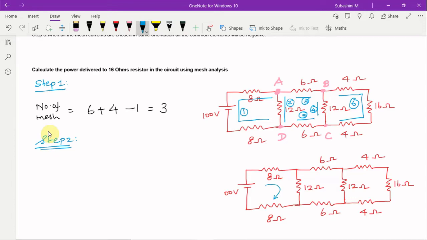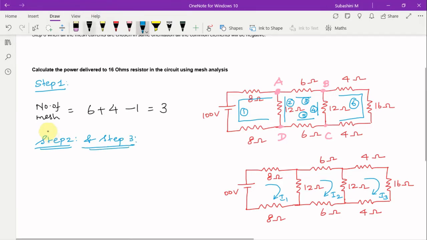I am also combining the third step. I am going to assign the currents in clockwise direction for all the meshes: I1, I2 and I3, all in clockwise direction. Step 2 and step 3 are finished.